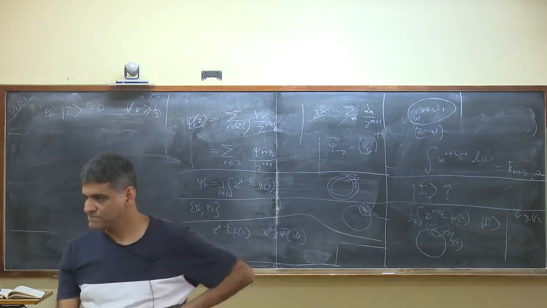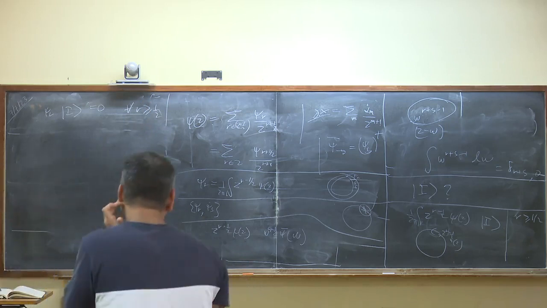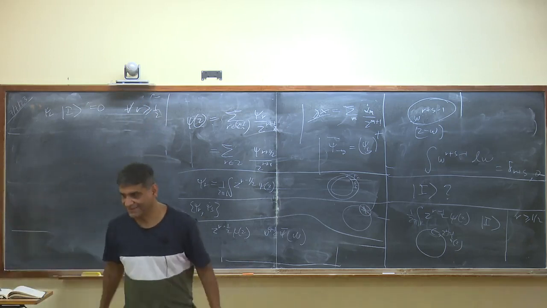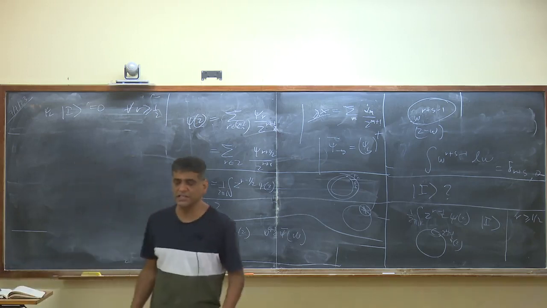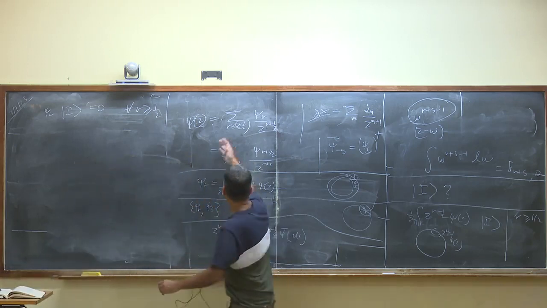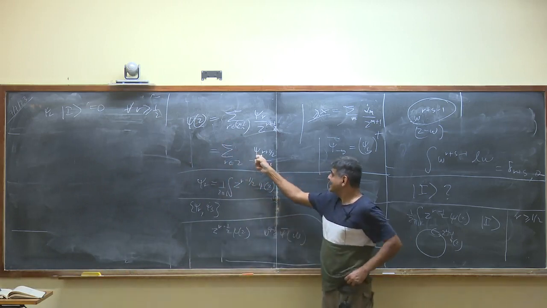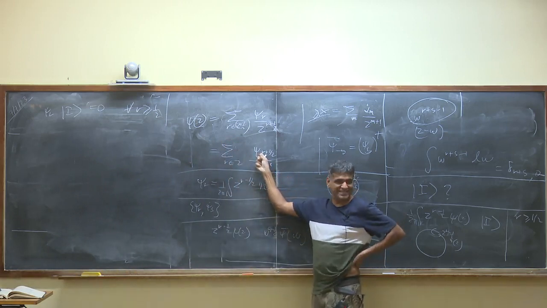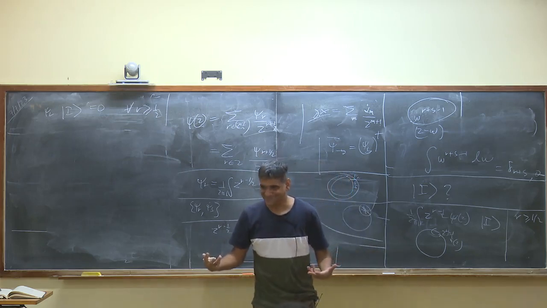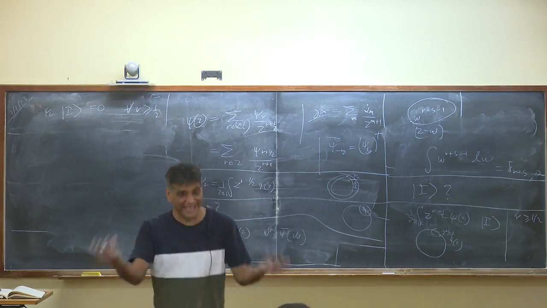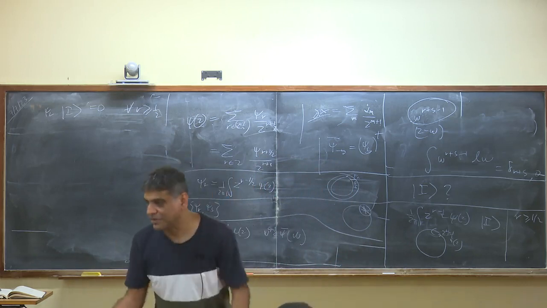Clear? Okay? Now, this is in line with what you were saying, Rajat, because as you pointed out, the psi r's with positive indices are annihilation operators. Psi r's with negative indices are creation operators.